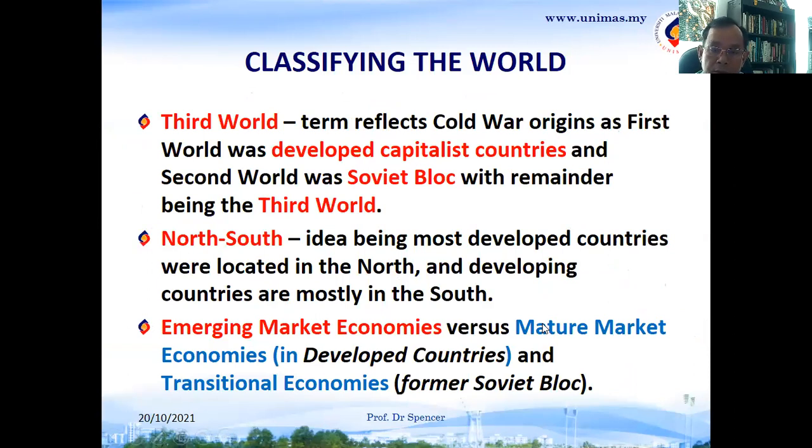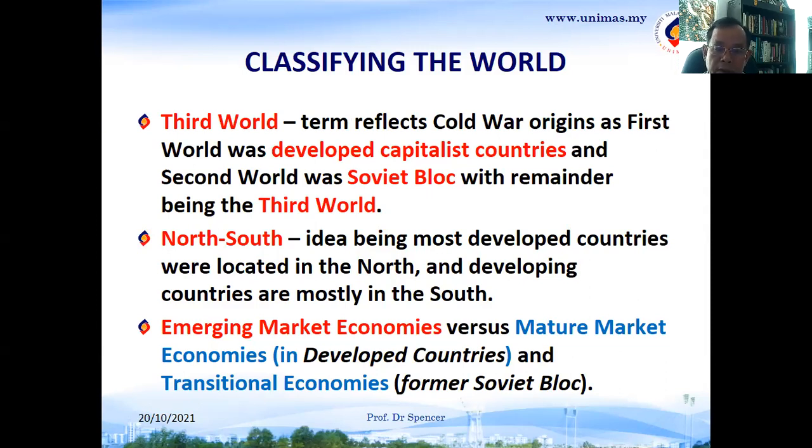So in terms of the classification of the world, first of all, there is also the term, and I will often use this term in the lecture as well, which is third world. It also refers to the developing countries.